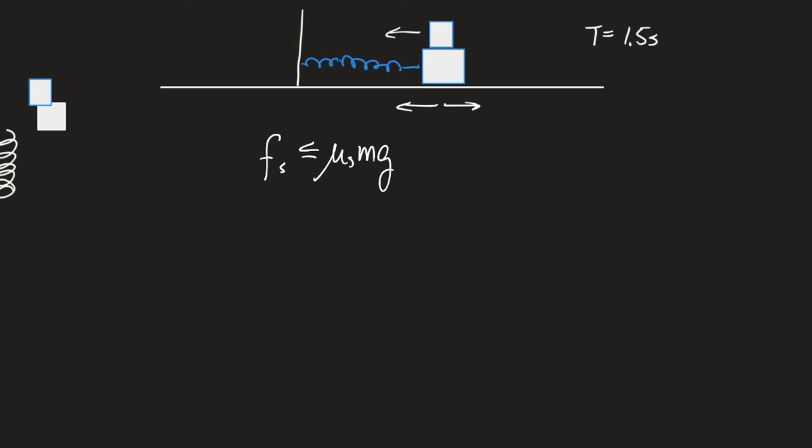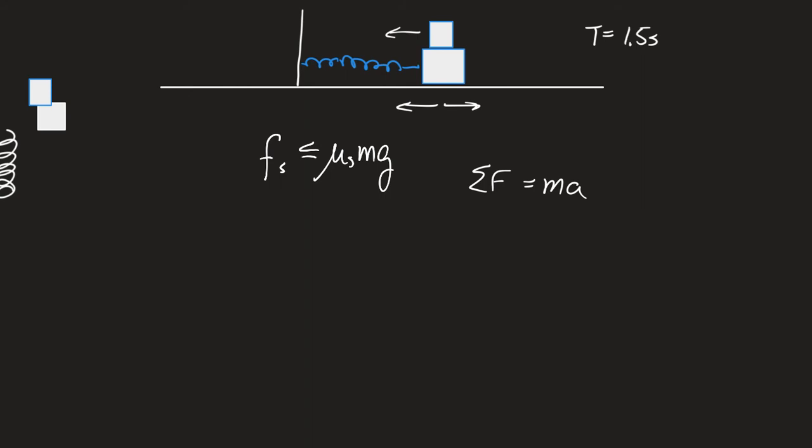Now, if you don't understand what to do next, the only force acting on the top block is friction. So the net force on the top block equals MA for the top block. And again, the only force that's acting is friction.